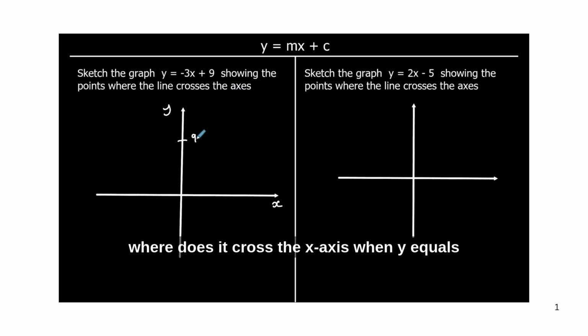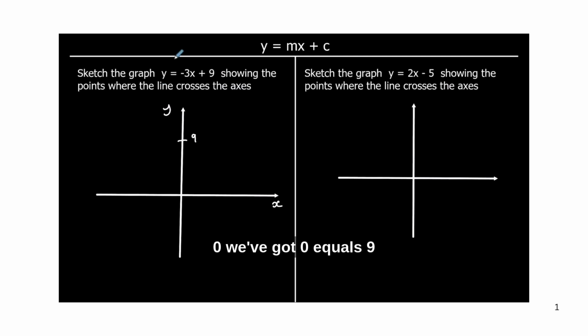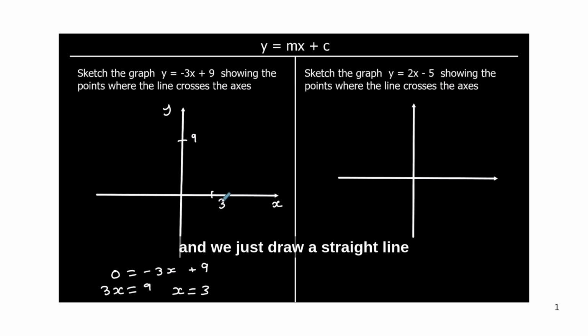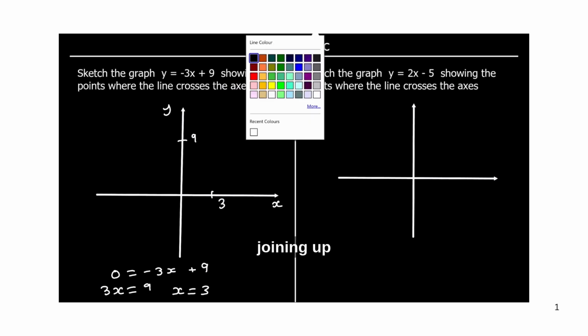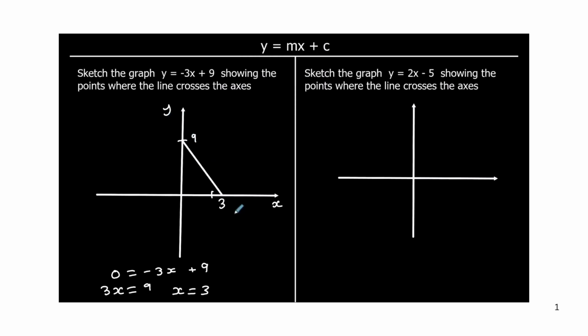And where does it cross the x-axis? When y equals 0, we've got 0 equals negative 3x plus 9, plus 3x onto both sides. So 3x equals 9. x is 3. So it crosses x at 3. And we just draw a straight line joining up these, like so.